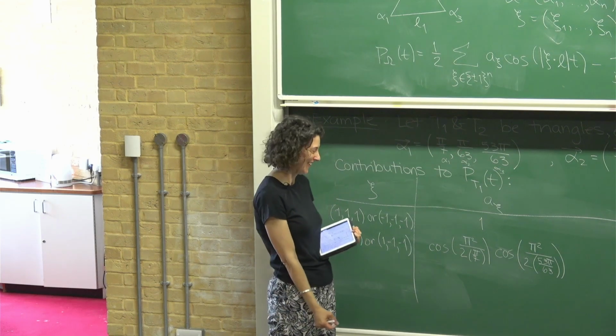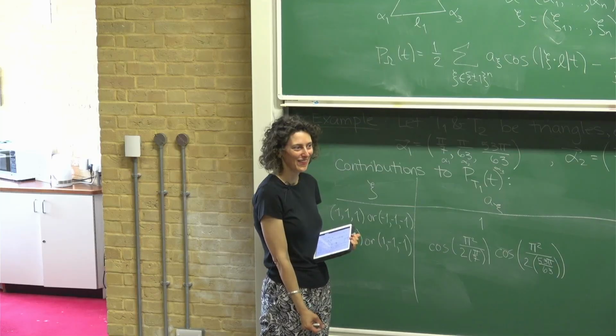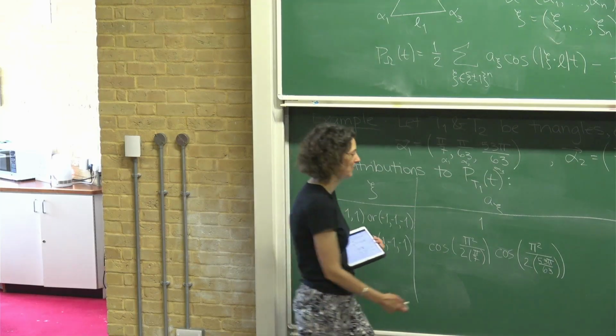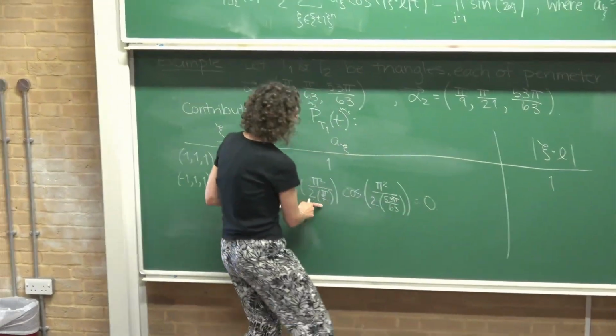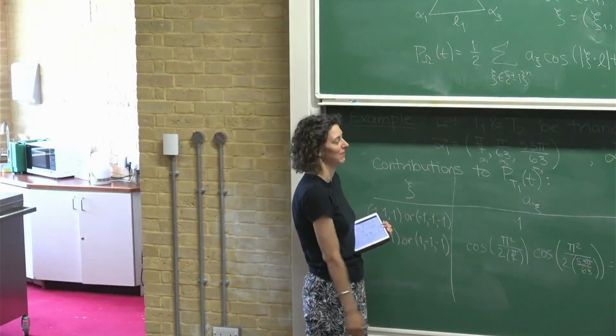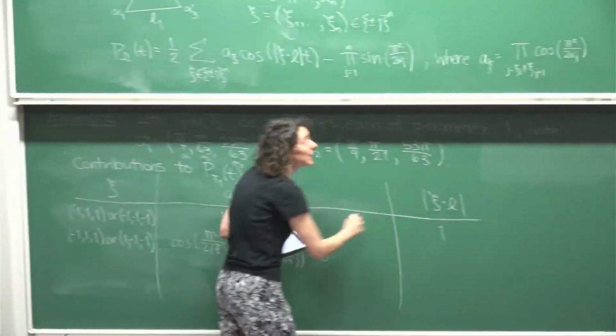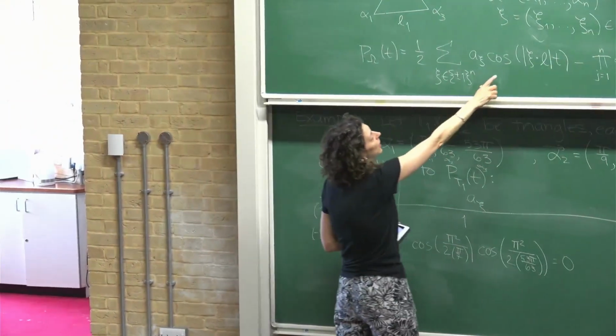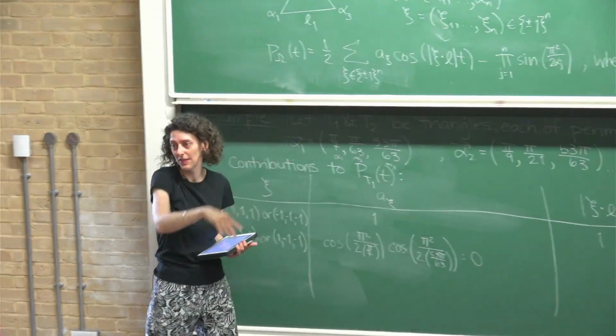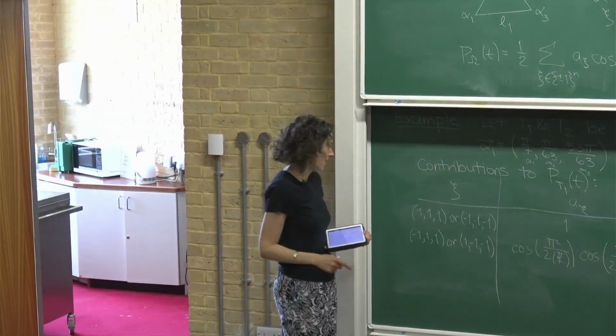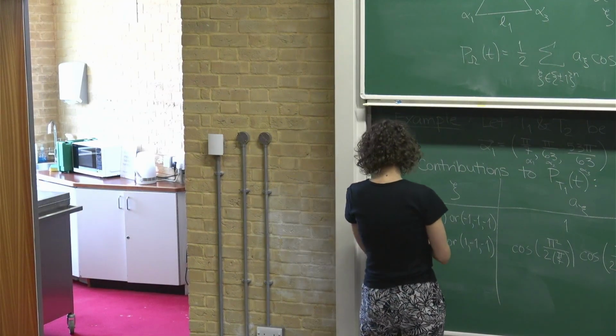Anybody brave? 0. Right, okay, so yeah, 7 pi over 2 right here. So that's 0. Okay, so I don't need to care about this because my A_C's are multiplied by that term, but A_C is 0.